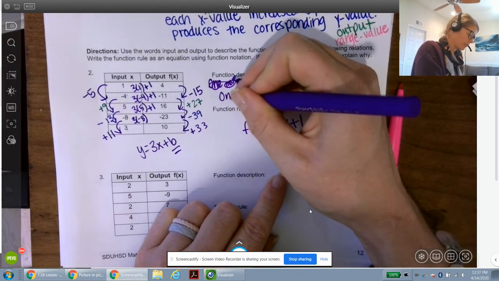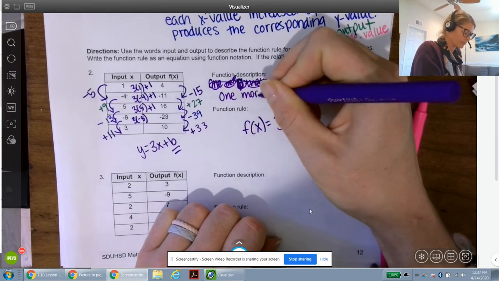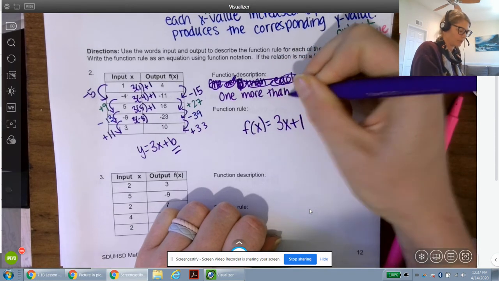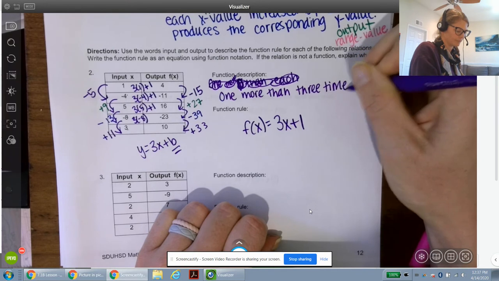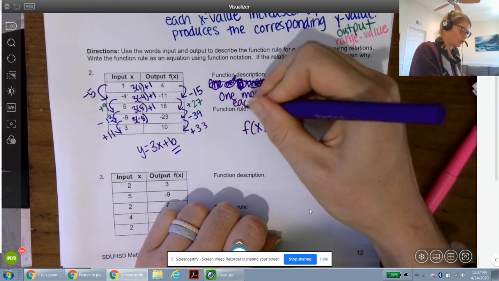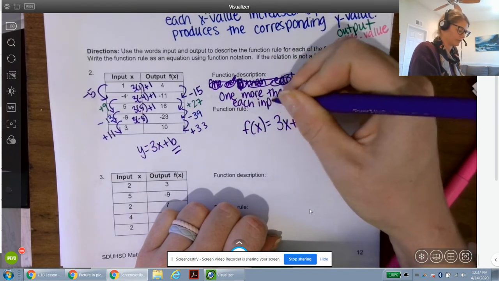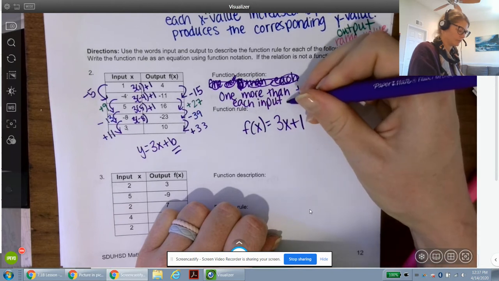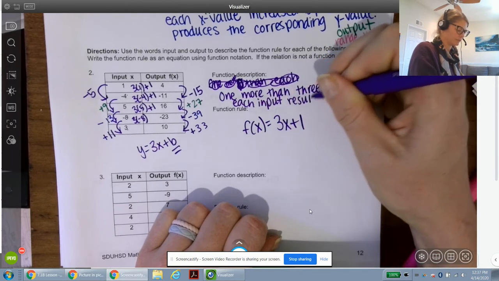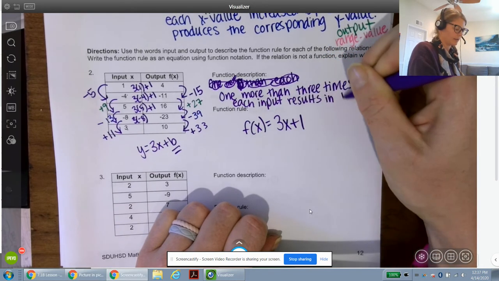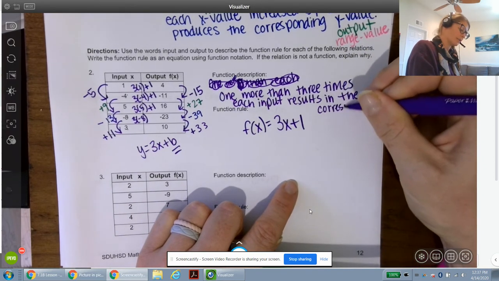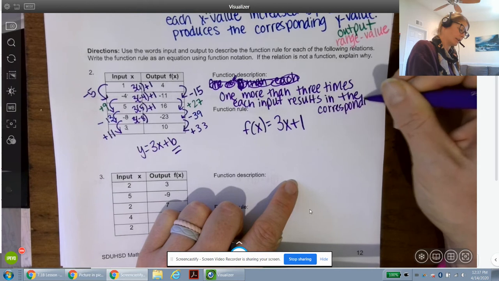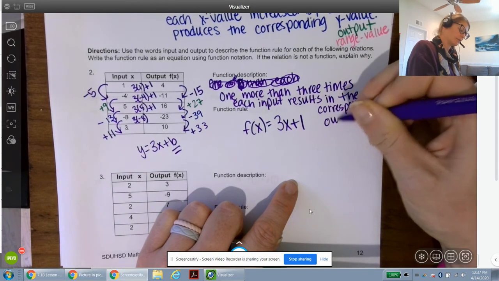So let's see. 1 more than 3 times each input results in the corresponding output.